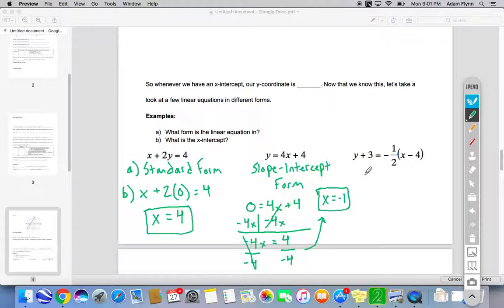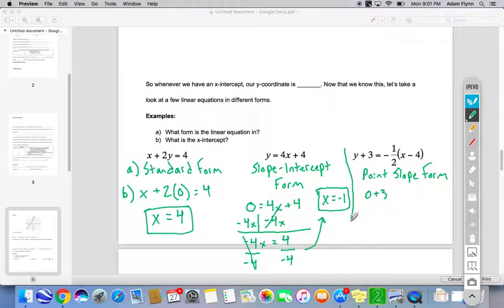Okay, for our third example here, we have an equation that is in point slope form. Okay, and same exact process, just going to plug in 0 for y. So I have 0 plus 3.